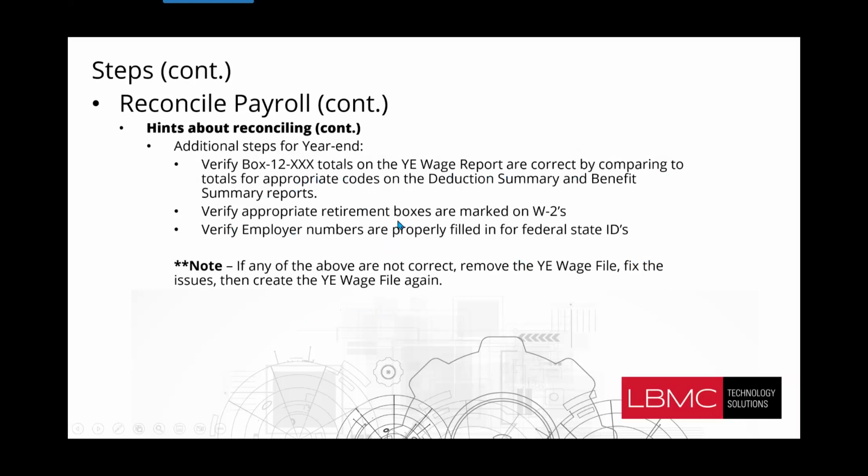Verify appropriate retirement boxes are marked on W-2s. And you want to verify the employee numbers are properly filled in for federal and state IDs. If any of the above are not correct, you'd want to remove the year-end wage file, fix the issues, then create the year-end wage file yet again.